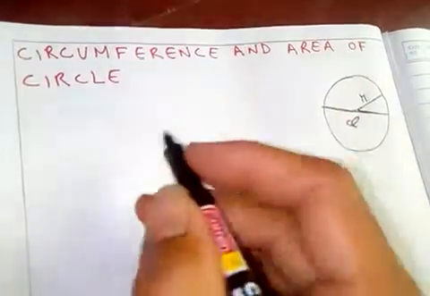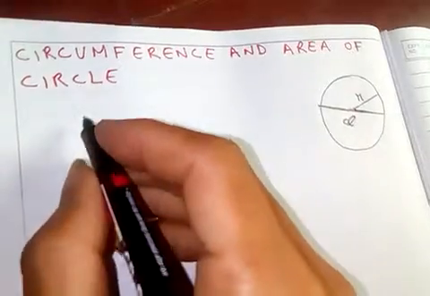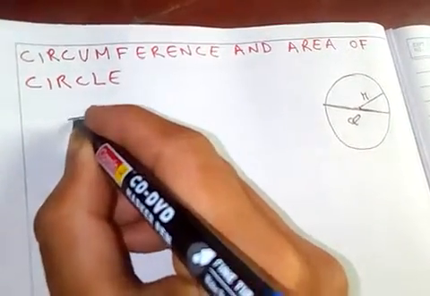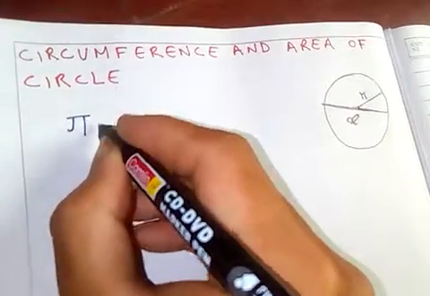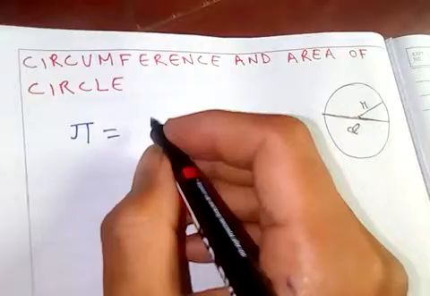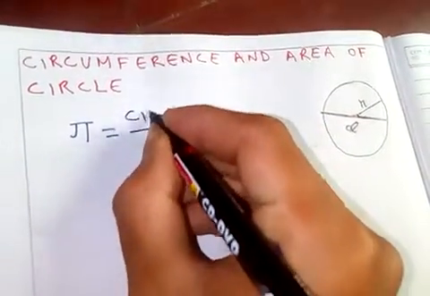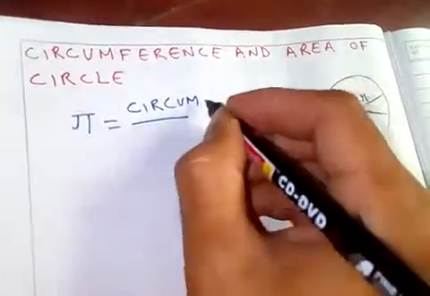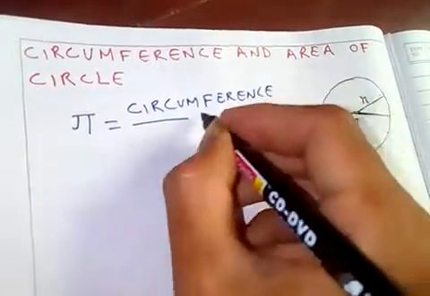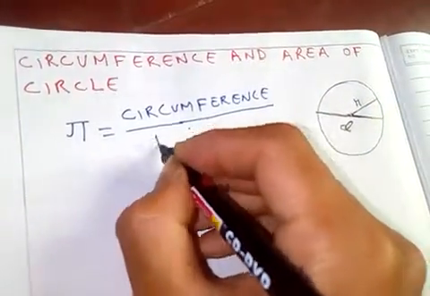And we know that from the definition of pi, pi is nothing but circumference over the diameter.